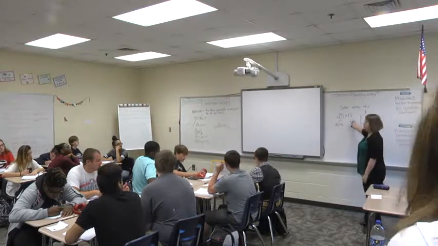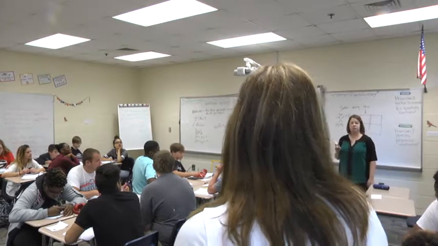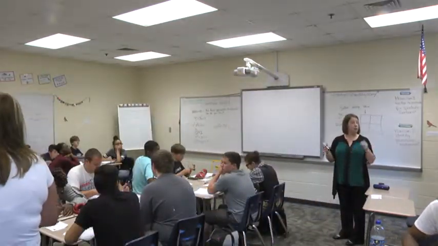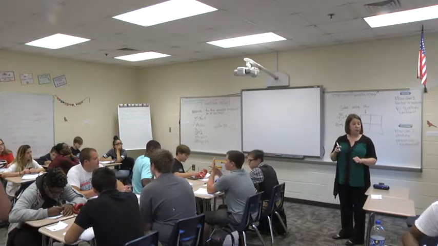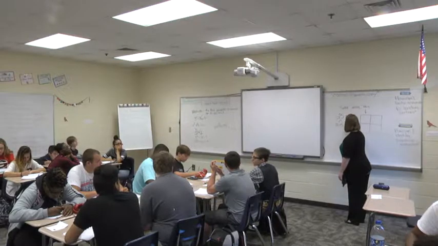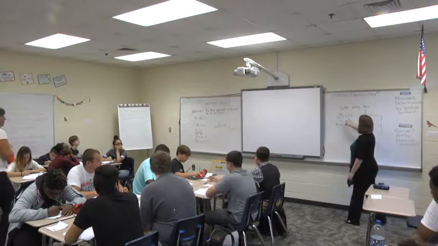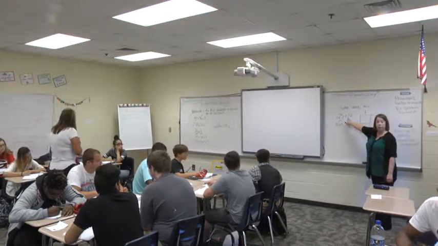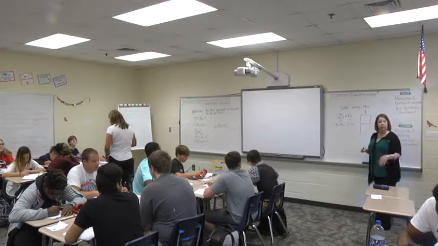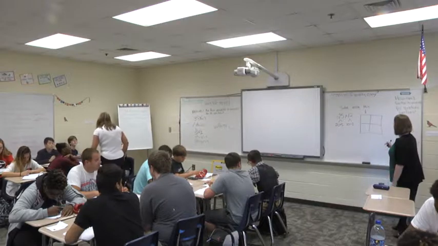How about 12? 10, 2. Okay, if I'm going to break it down into my 10s and my 1s, it would be 10 and 2. So we have 1 10 and 2 1s, because this is in the 10s place and this is in our 1s place.